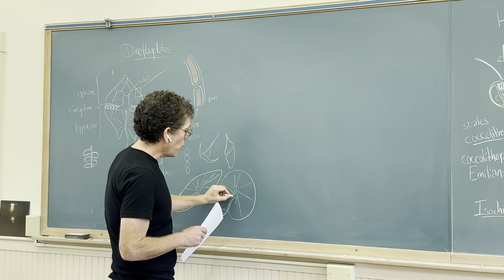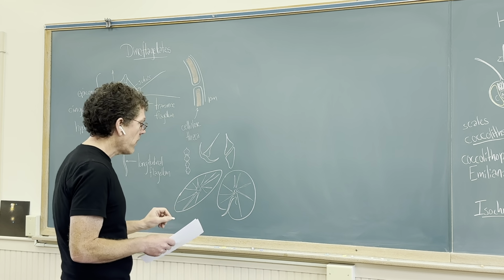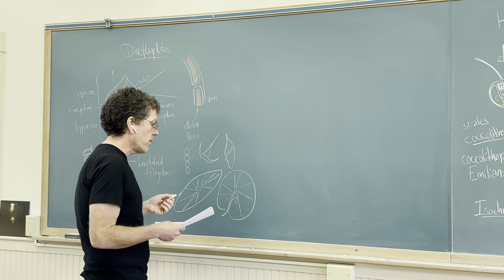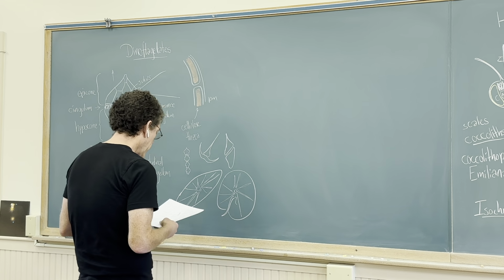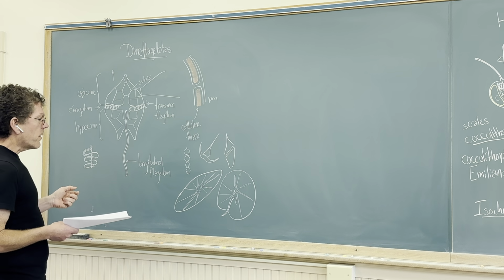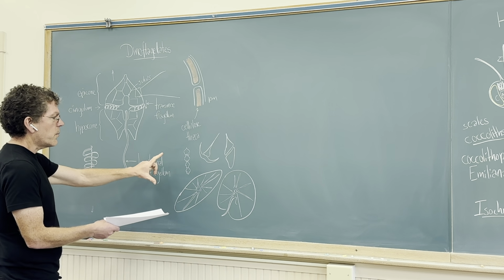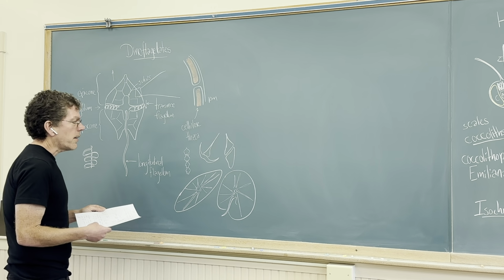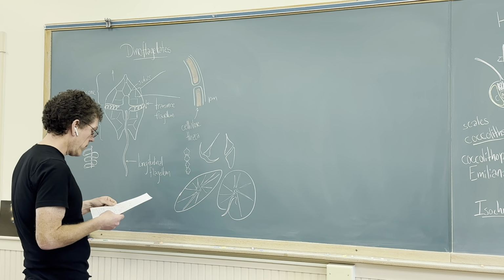It has elaborated one of its flagella into a tentacle with which it captures prey and stuffs it inside into food vacuoles. So they have quite a variety of cell shapes. This is certainly not exhaustive, but those represent things that I think I have a reasonable chance of showing you in the lab if you are taking the lab course.